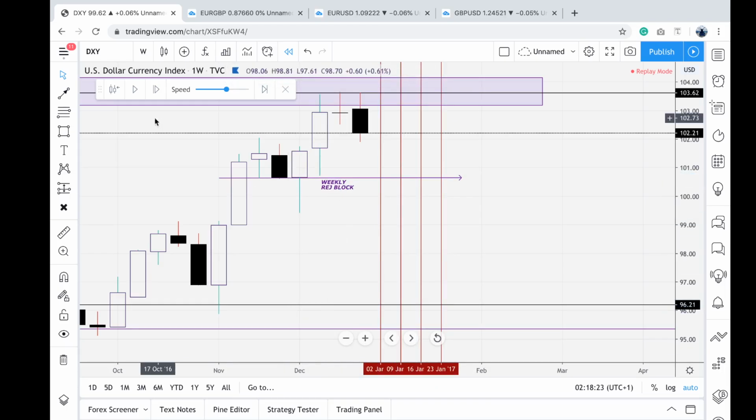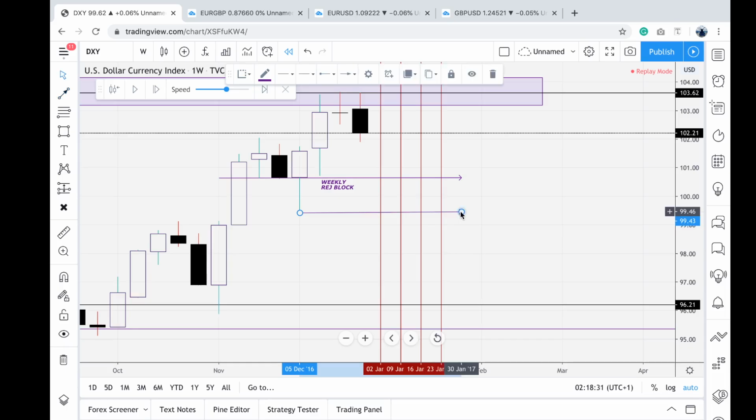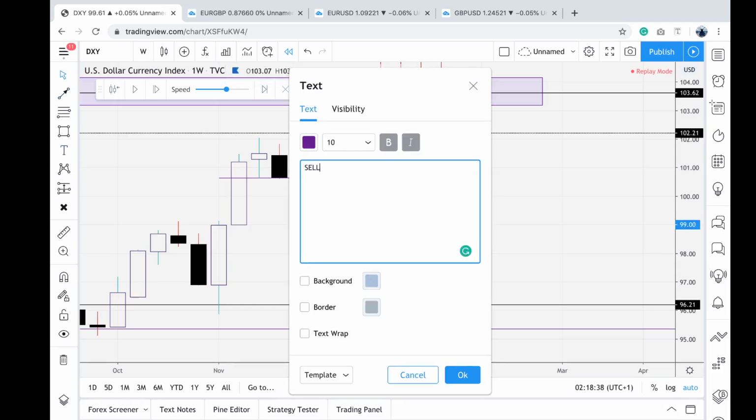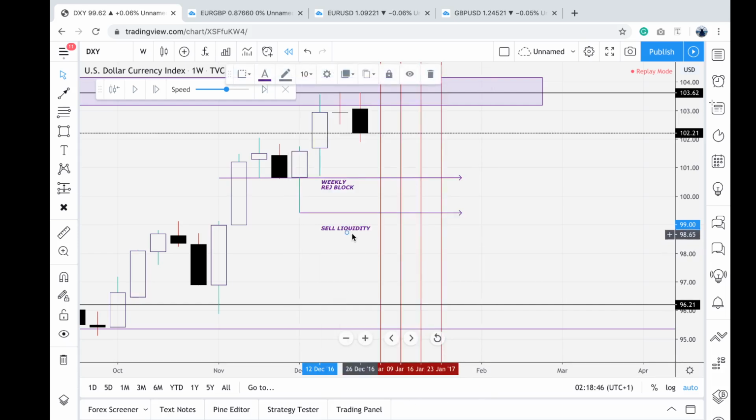And obviously, this last week's low, any fund level liquidity resting off that level constitutes sell side liquidity. So type in sell side liquidity as a potential target objective for price at this level, sell side liquidity.